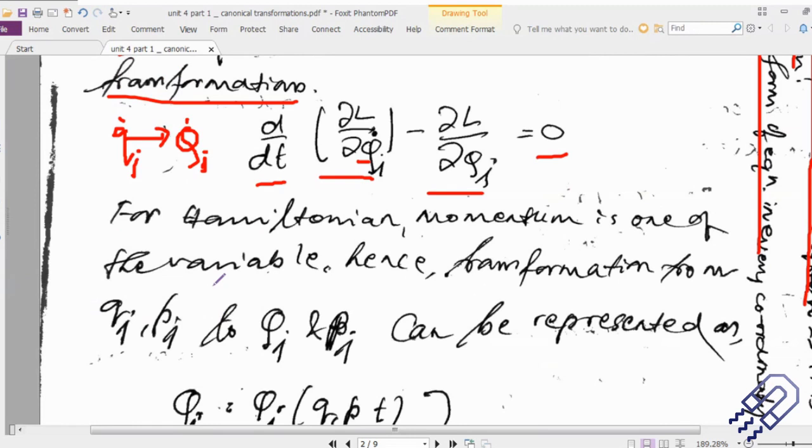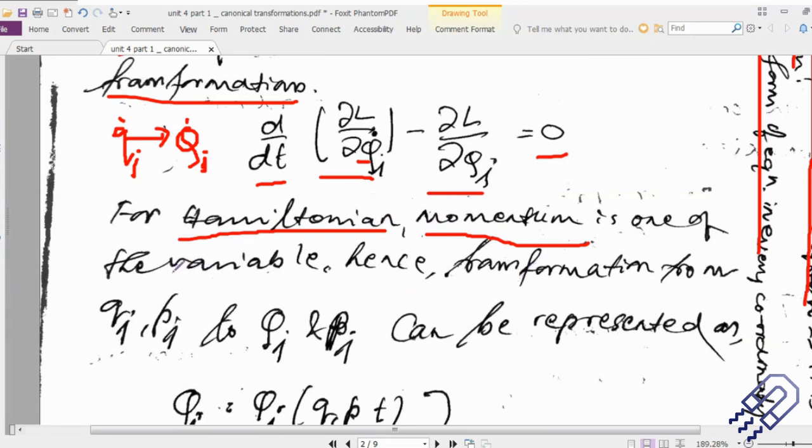Next we have the Hamiltonian. If you consider the Hamiltonian, the momentum is one of the variables. That is one of the fundamental differences we know between Lagrangian and Hamiltonian, right?